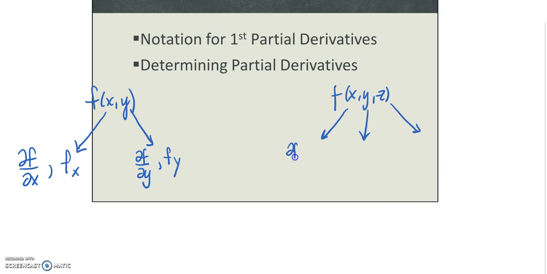I could have the partial of f with respect to x, or f sub x. I could have the partial of f with respect to y, or f subscript y. Or I could have a change in f with respect to z, or f sub z.